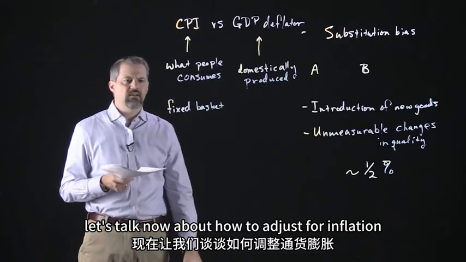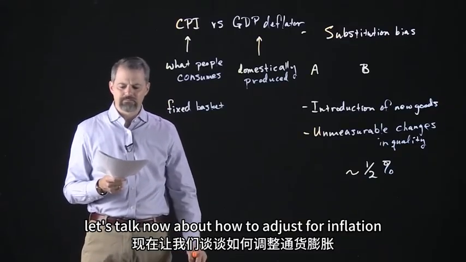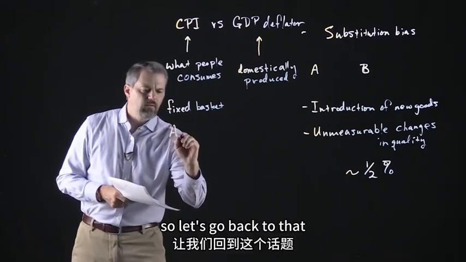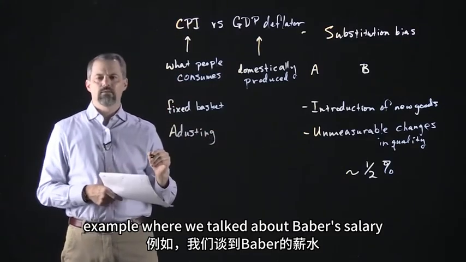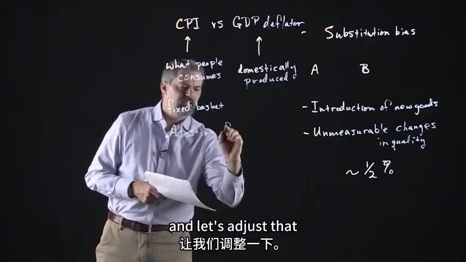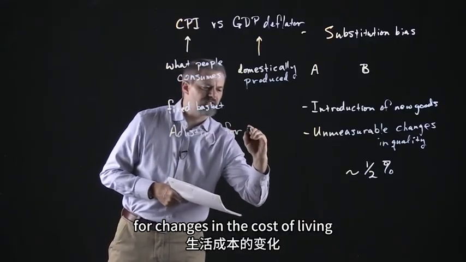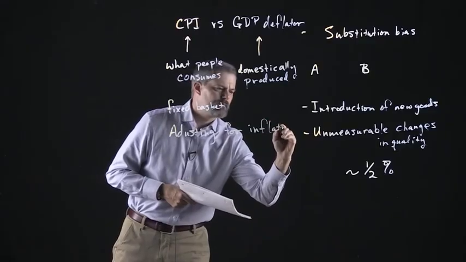Let's talk now about how to adjust for inflation. So let's go back to that example where we talked about Babe Ruth's salary, and let's adjust that for changes in the cost of living or for inflation.